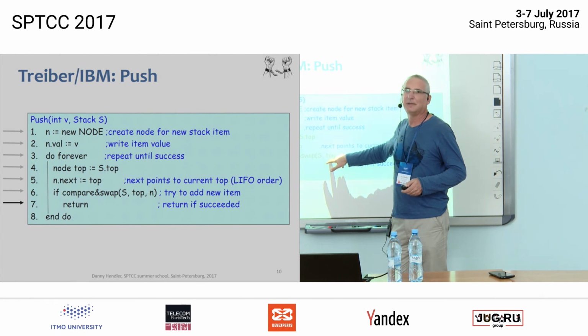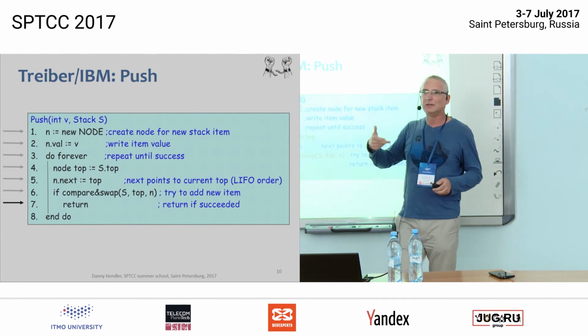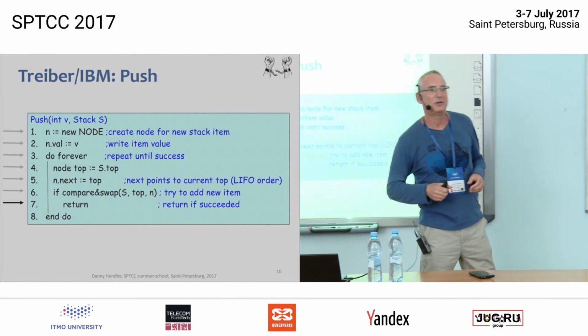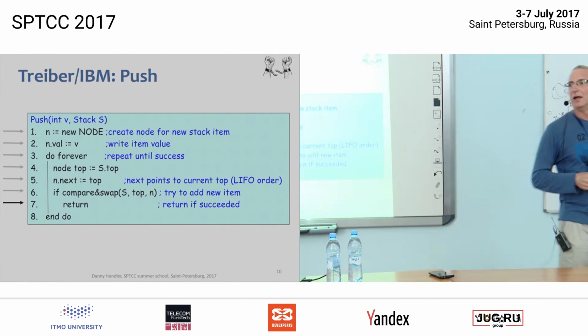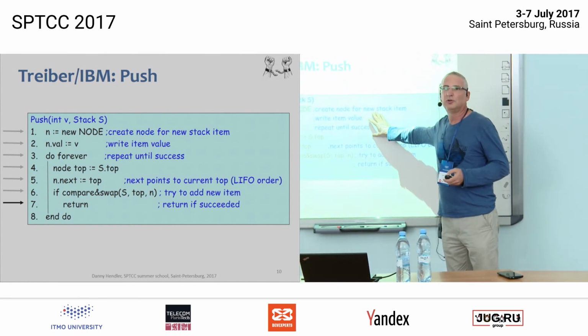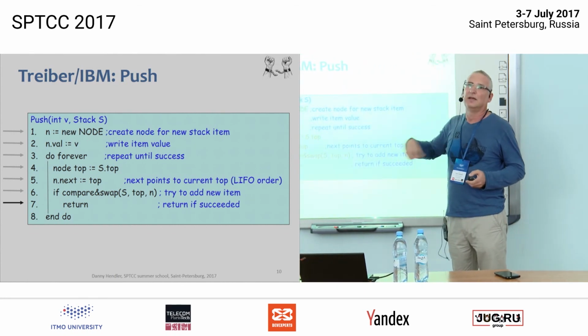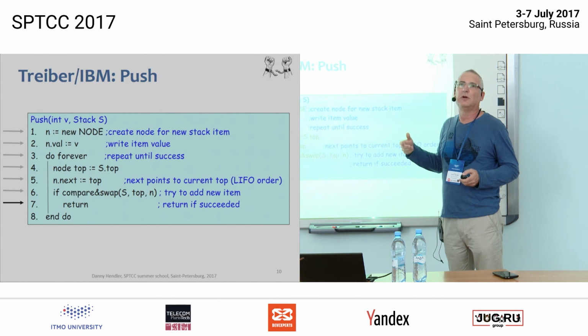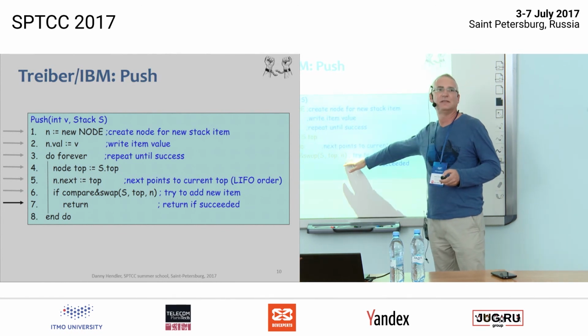It will not be the expected value, the expected argument of the concurrent swap operation. So a thread that tries to perform the push operation may perform more and more iterations, but never succeed in adding its item, right?